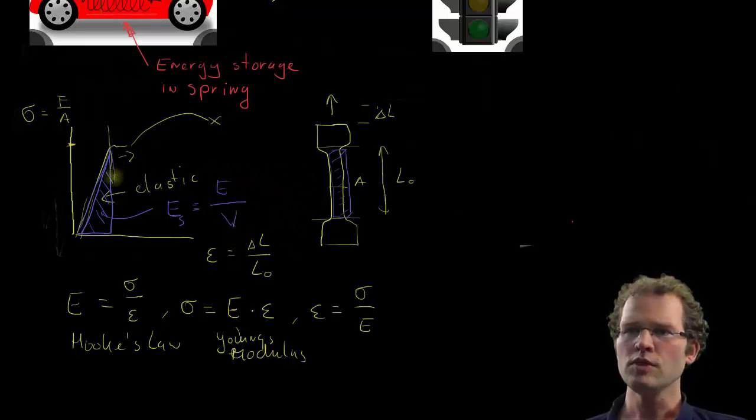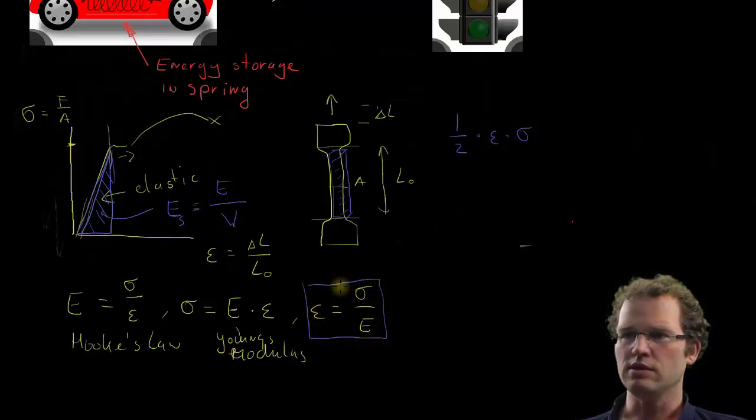So that's what we get if we calculate this. And how much is this area? Well, it's of course a triangle because it's a straight line. So it's half times base times height, half times the strain times the stress. And the strain, I already said we are going to rewrite a little bit into this one.